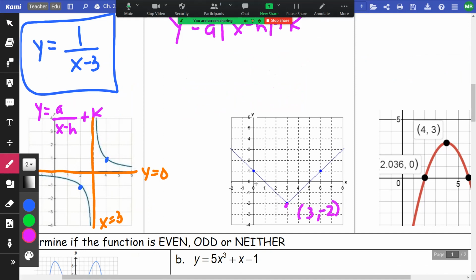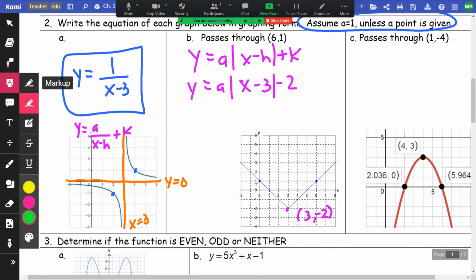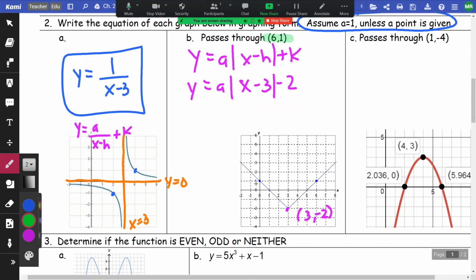So that's my h and k. So I know this is going to be y equals a times the absolute value of x minus 3, minus 2. Then they gave us a point, 6 comma 1. I'm going to put that in for my x and my y to find my a.